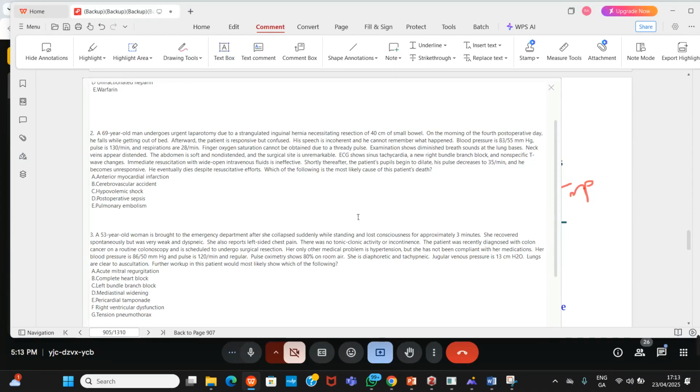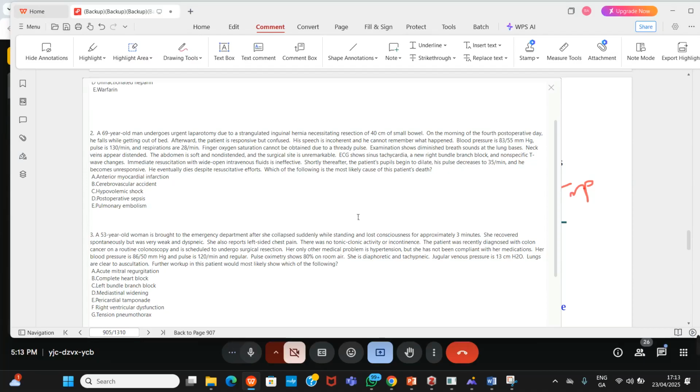So let's see this. A 69-year-old man undergoes urgent laparotomy due to a strangulated inguinal hernia, necessitating resection of 40 cm of the small bowel. On the morning of the 4th postoperative day, he falls while getting out of bed. Afterwards, the patient is confused.